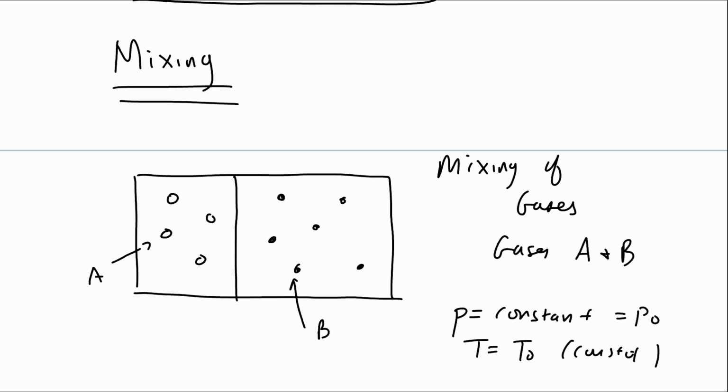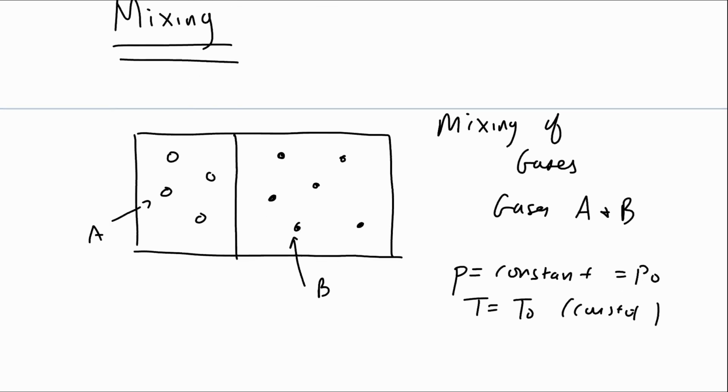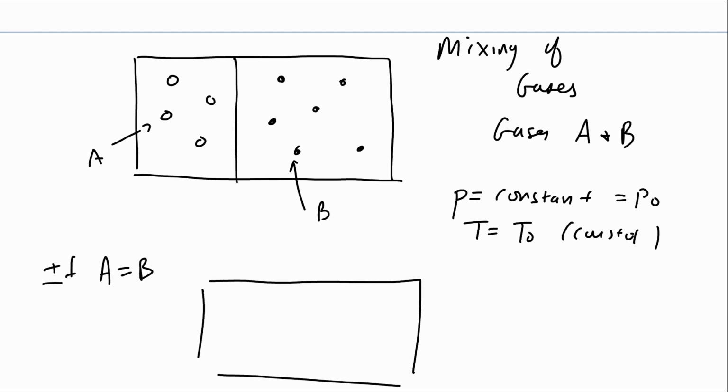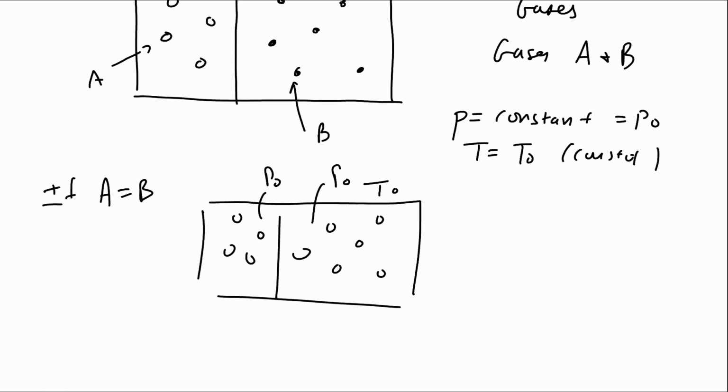And if A were equal to B, and the pressure here was P naught and the pressure here was P naught and the temperature was T naught, what would happen if I took out that partition? Nothing, right?